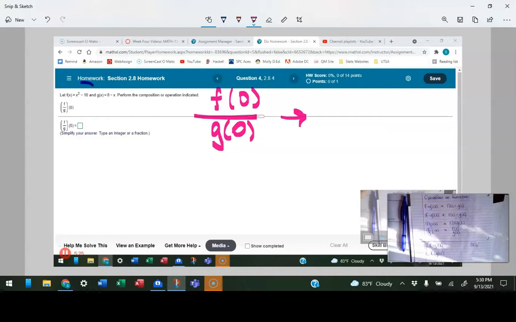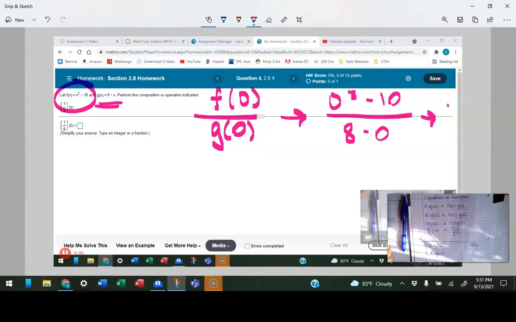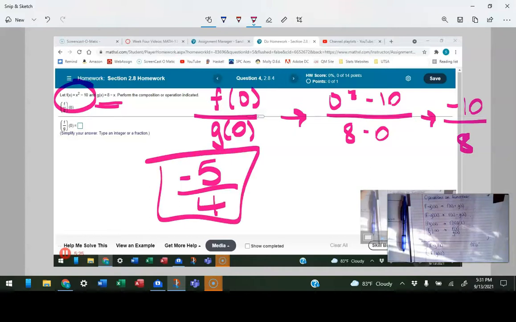So I'm going to take f of x and shove in a 0. So I get 0 squared minus 10. And on the bottom, I'm going to shove in a 0, which is 8 minus x. So I have 8 minus 0. So 0 squared is 0 minus 10 is negative 10. Over 8 gives me a negative 5/4. So remember, do not multiply your answer by 0. Just shove in a 0 into f, shove a 0 into g, and divide.